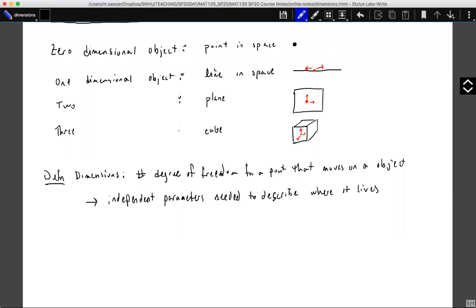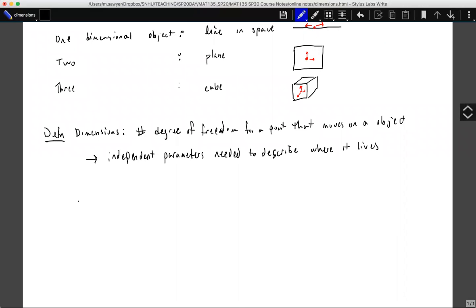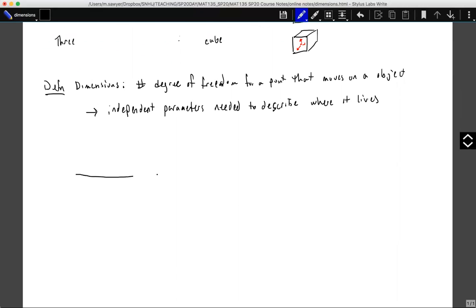The idea of dimensions is important because we can take one dimension and build it up to another dimension. If I take a one-dimensional object, a line, I can convert that to a 2-dimensional object by taking copies of that line and stacking them on top of each other.